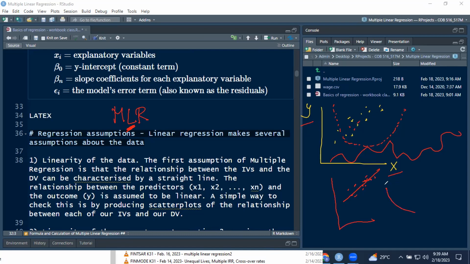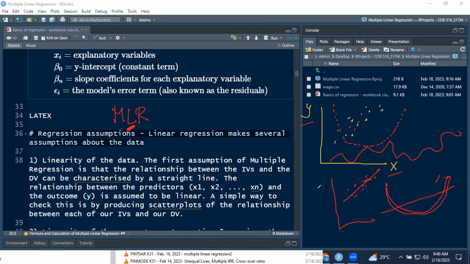But if it's this one, like that, then a linear model to explain a relationship that's more quadratic will generate many residuals, okay? And the power of x to explain y will be very, very low. So we don't want this. We don't want that when we plot our data, the relationship between your dependent variable and your independent variable is like this.